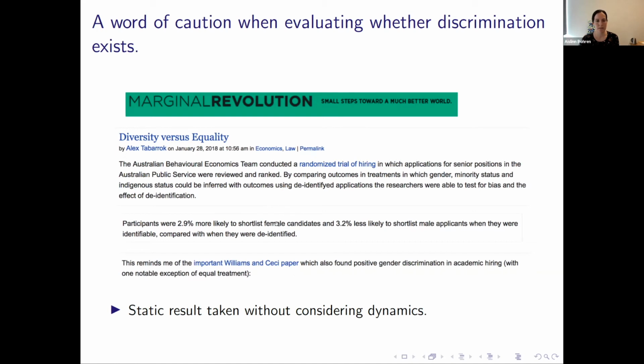Here we would see a reversal, and if we didn't think about the dynamics, we might say that discrimination is not a problem, whereas actually this is indicative of discrimination earlier in the pipeline. So we might say, all right, discrimination earlier in the pipeline is a problem, but hey, we got to this reversal, and so we should be worrying about discrimination earlier. But once we're here, we don't need to worry about that. Females are actually favored. That's great. They're actually being favored eventually. So good for them. That would actually also be a wrong conclusion.